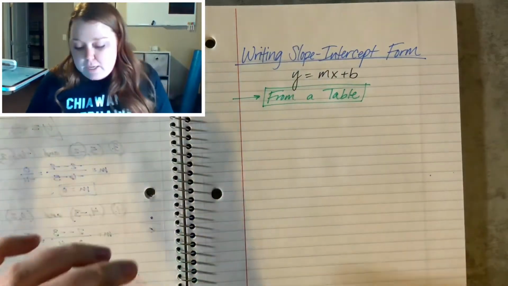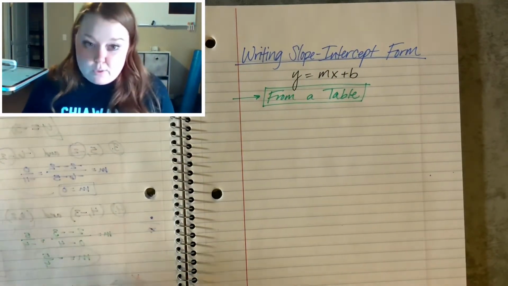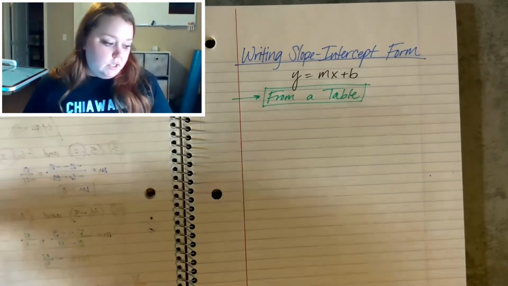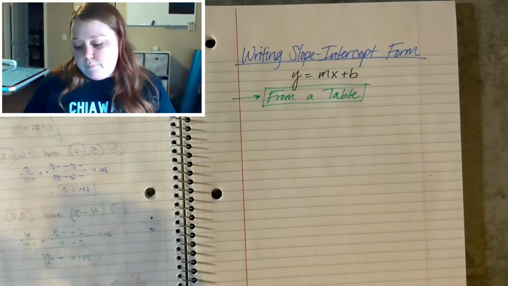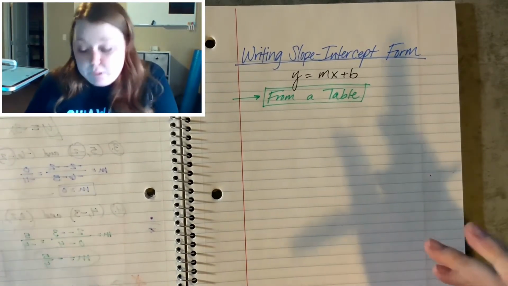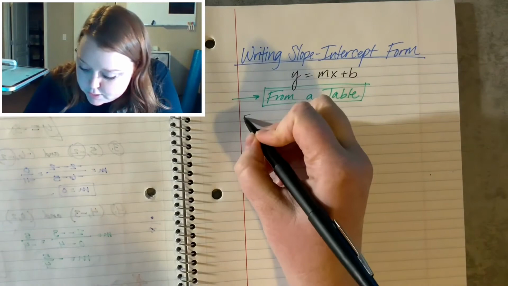There are many ways to write an equation from a table. As a 7th grade teacher, I kind of taught it a different way, but this is going to be solving it algebraically like we've been doing. So here's your example.